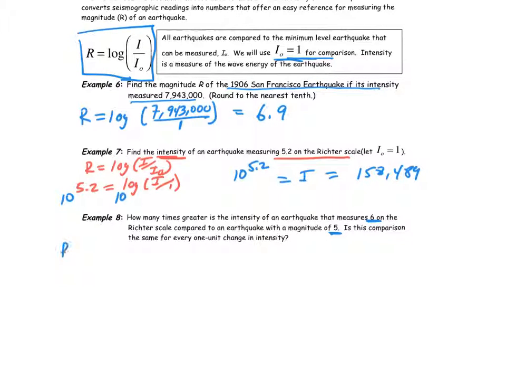First, if R is 6, we're going to find I. Using our model, we have 6 is equal to the log of I over I naught, so it's log of I over 1. To undo the log, we can write this in exponential form: 10 to the 6 is equal to I.